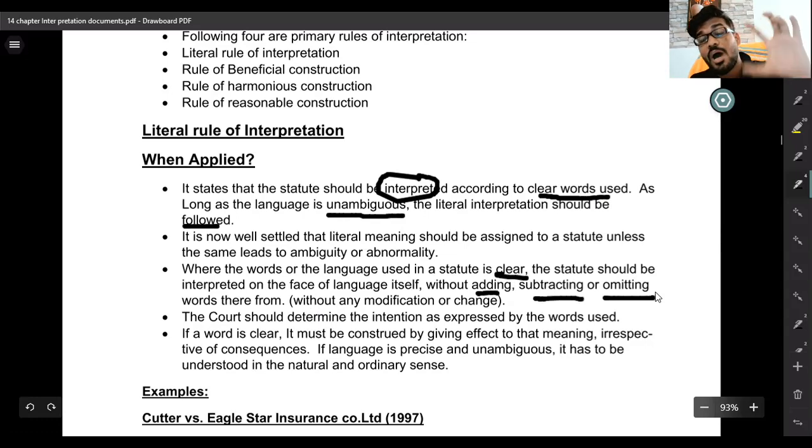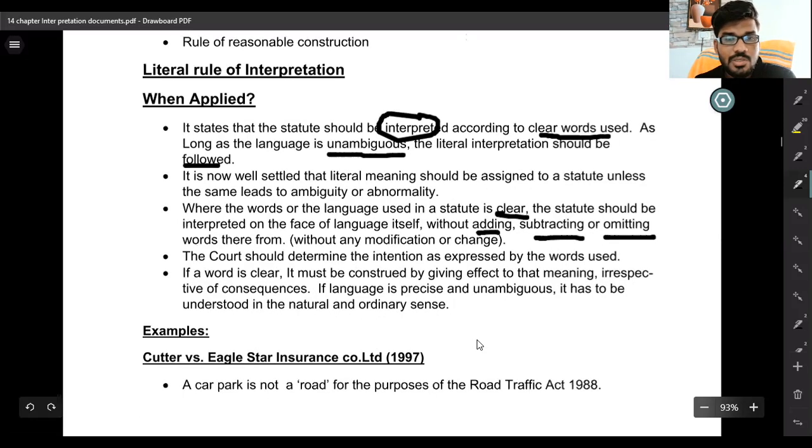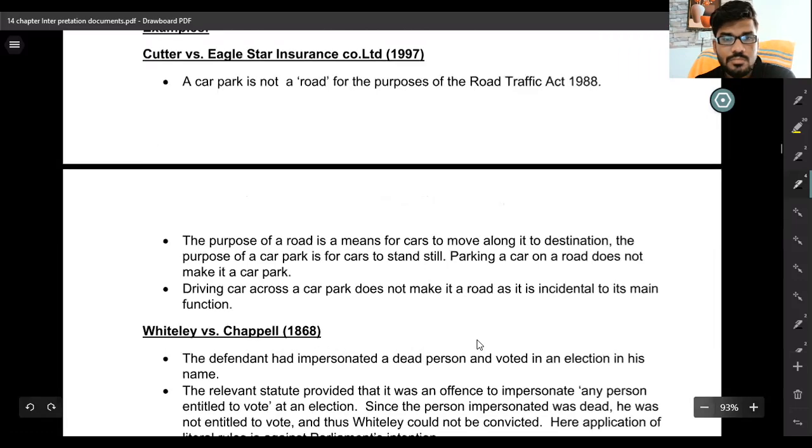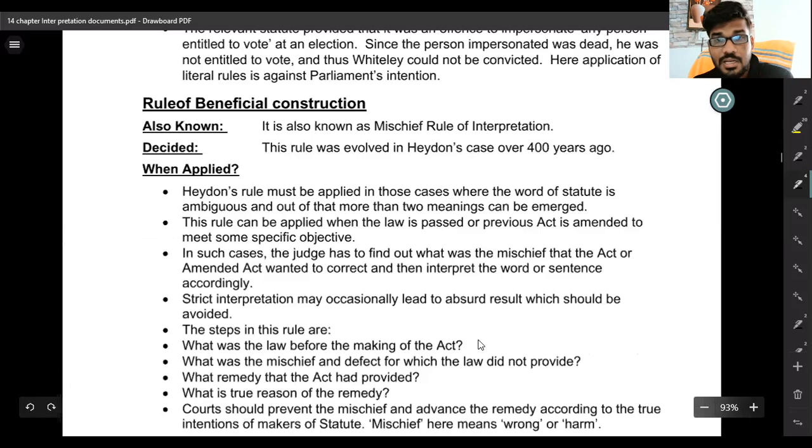You read the law as it is. Whenever there is a clear, popular or general meaning and no ambiguity, we cannot add, remove or omit anything. Okay, clear. That is the literal rule of interpretation.